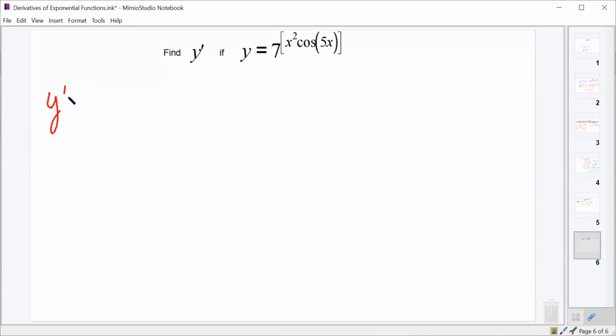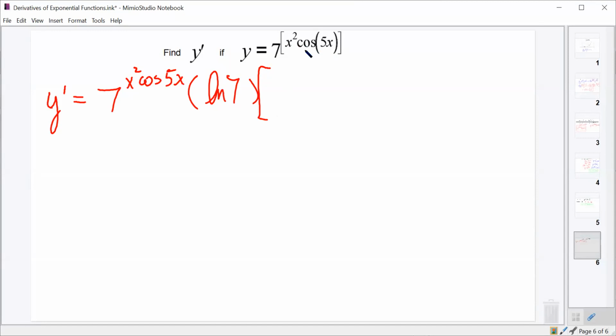This is a to the u, so the derivative should end up being a to the u times natural log of 7, times the derivative of x squared cosine 5x.